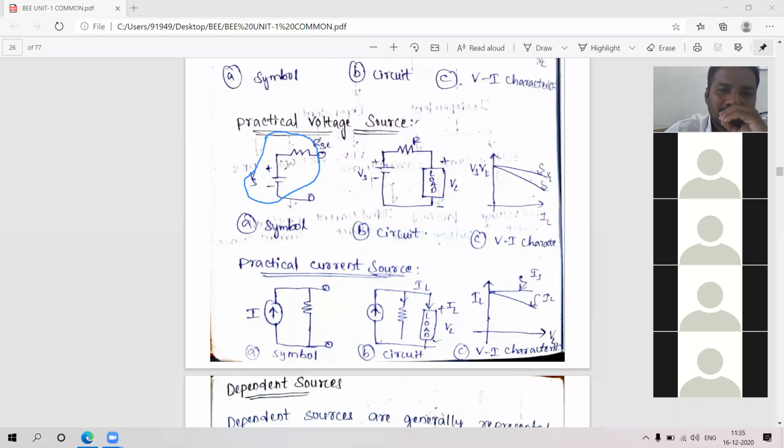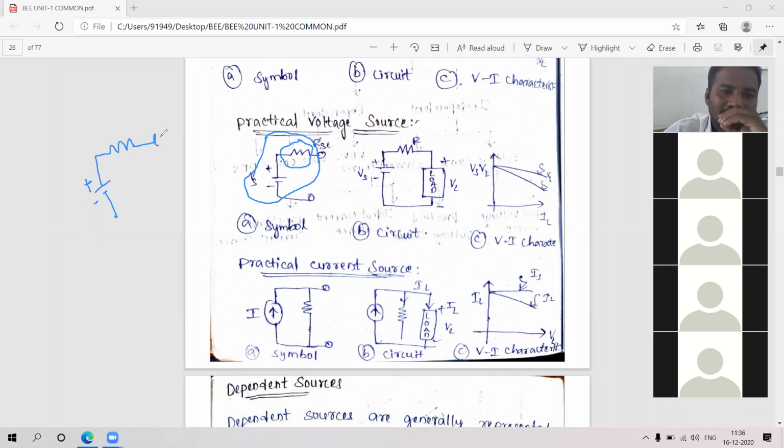So whatever the previous symbol was, for the previous ideal voltage source I considered only plus and minus. But for the practical voltage source, I have taken an extra thing. What is the extra thing? Every wire consists of some resistance. That resistor symbol I am representing here.